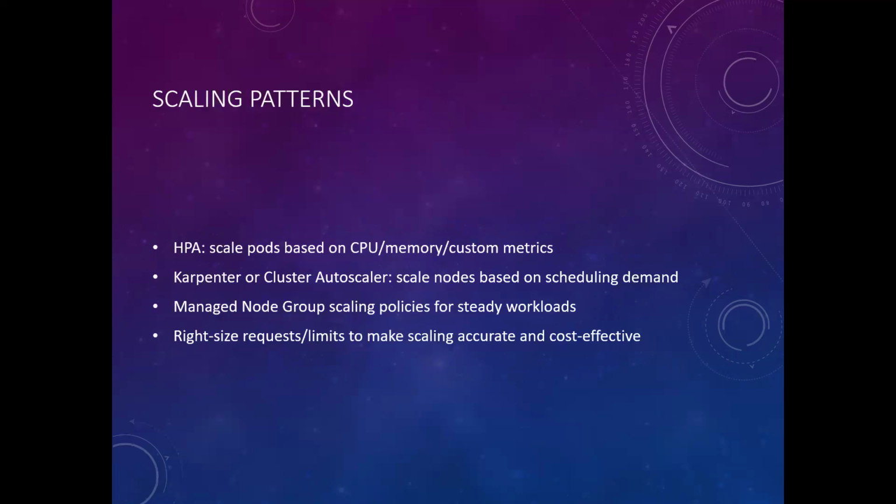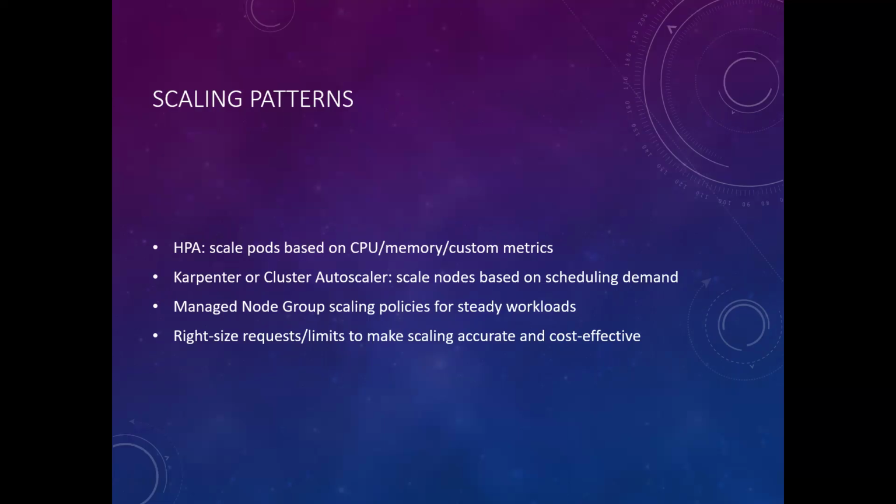Scaling patterns: HPA scales pods based on CPU, memory, and custom metrics. Karpenter and the cluster autoscaler scale nodes based on scheduling demand. So we have the cluster autoscaler, which is so important. That's why most companies and teams are advocating for cloud Kubernetes offerings, because they come with all of this autoscaling. So now we have scaling at two levels: at the application level and at the infrastructure level.